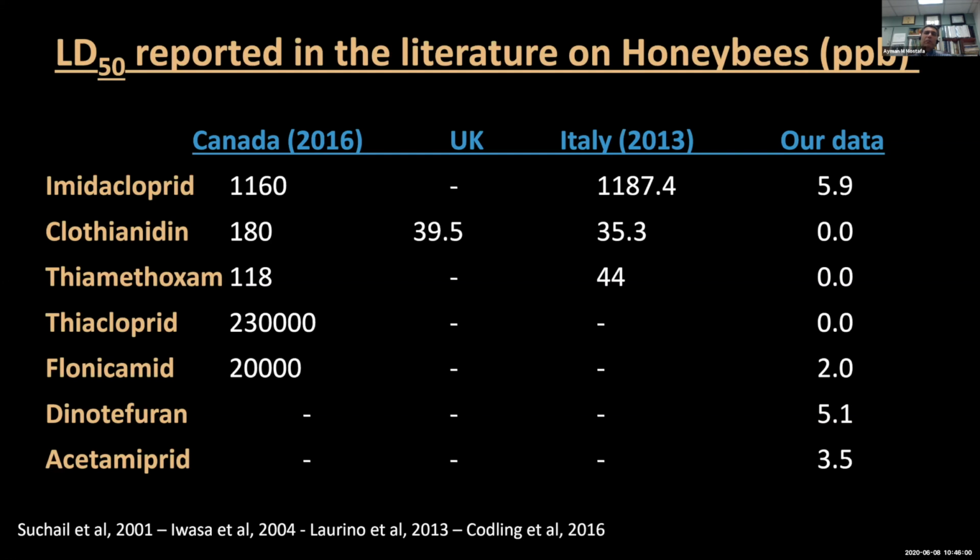We have only some that we can find, like in Canada, the UK, and Italy, and these are the numbers here. For this first product here in Canada, the allowed level is 1,160 parts per billion. In Italy, it's a little bit higher, but closer. But our data showed that we have less than 6 parts per billion.